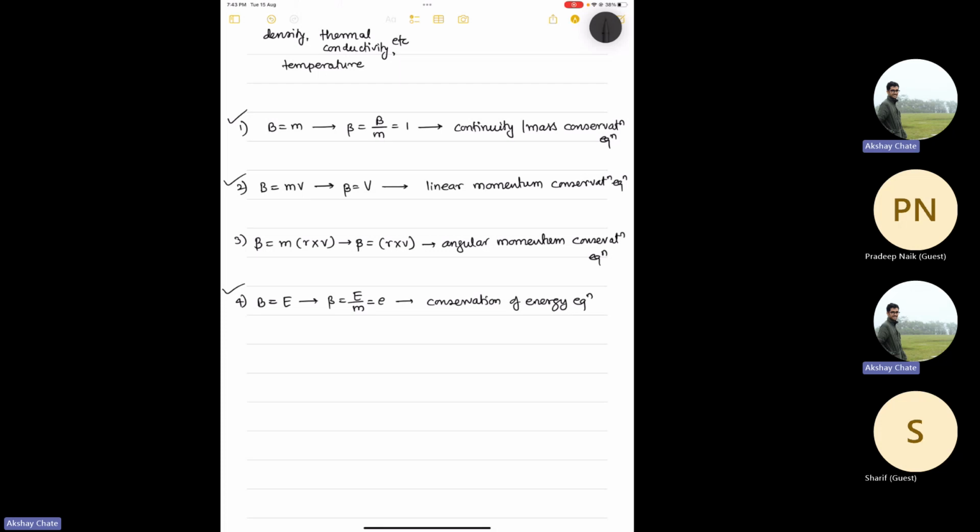For example, let's say I have 10 kg of water, and I'm going to heat the water by 5 degrees Celsius. So how much energy I'm putting is mcp delta t, right?